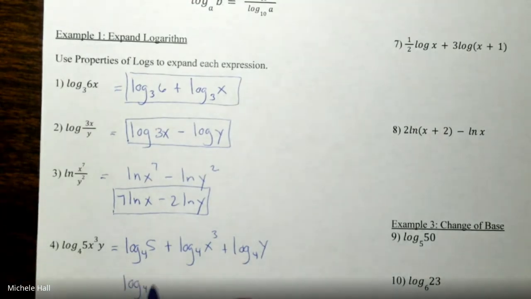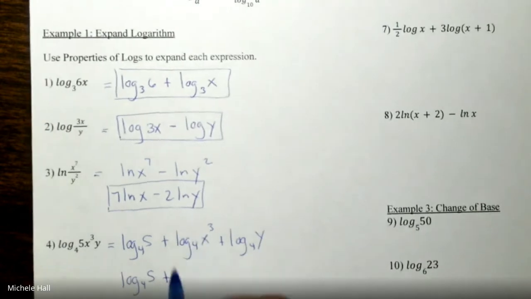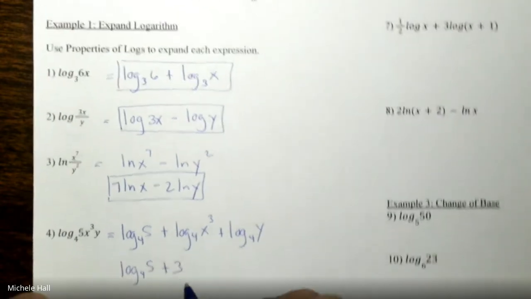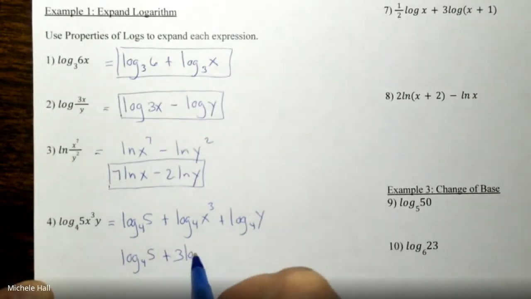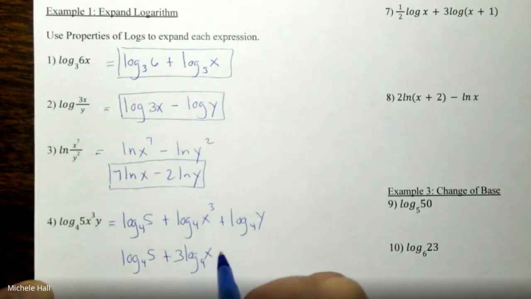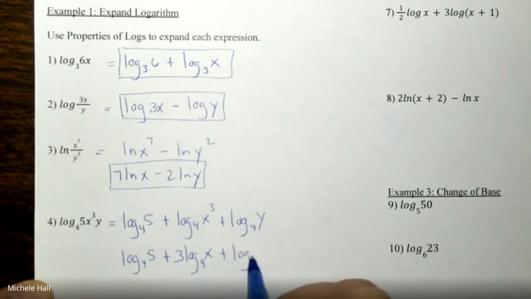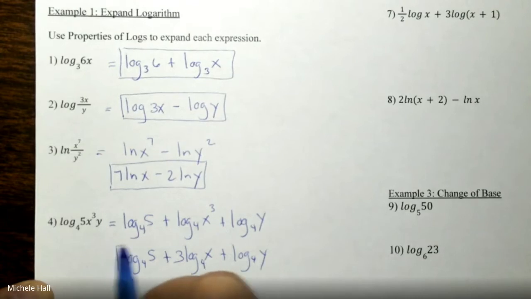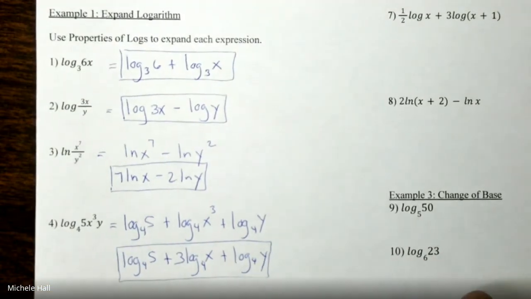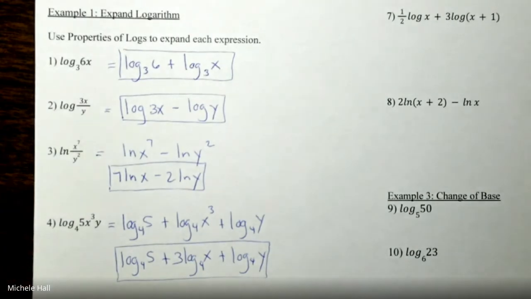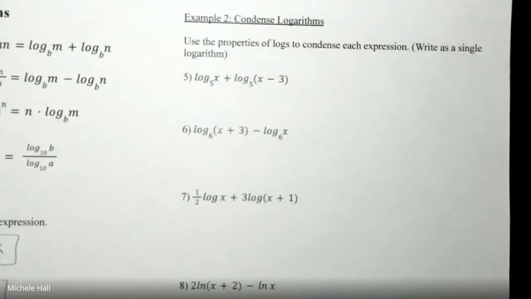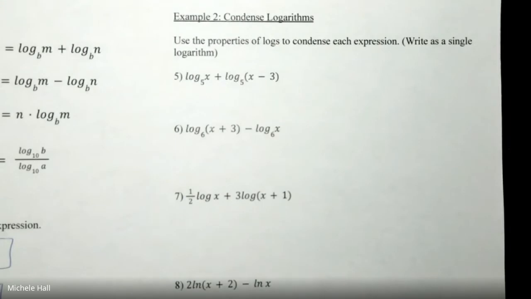Log 4 of 5 plus 3 log 4 of x plus log 4 of y. So we can take logarithms and we can expand them. We can take logarithms and put them back under a single logarithm.